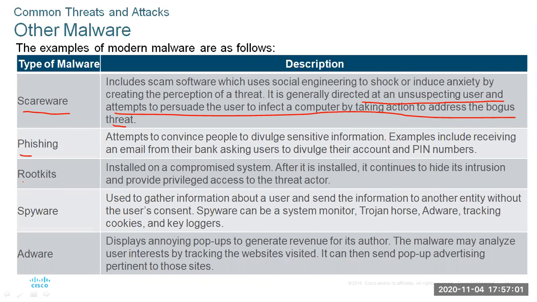Then we also have rootkits. Usually it is installed on a compromised machine or system, and once it's installed, it hides its instructions and provides privileged access to the threat actor, like a backdoor of some sort.